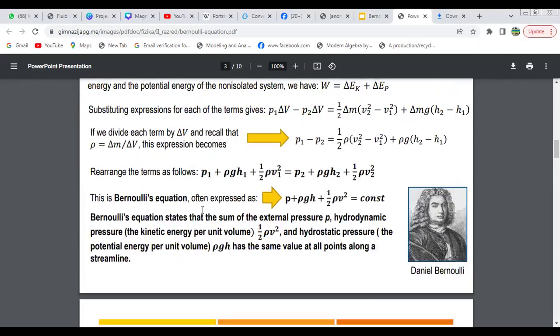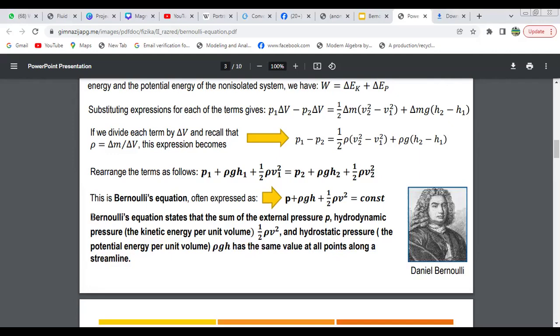And this is the Bernoulli equation, expressed as P plus rho g h plus half rho V squared equals constant. So Bernoulli's equation states that the sum of the external pressure P, the hydrodynamic pressure, that means kinetic energy per unit volume, half rho V squared, and the hydrostatic pressure, which means potential energy per unit volume, rho g h, has the same value at all points along a streamline, or along the pipe, or along any tube.